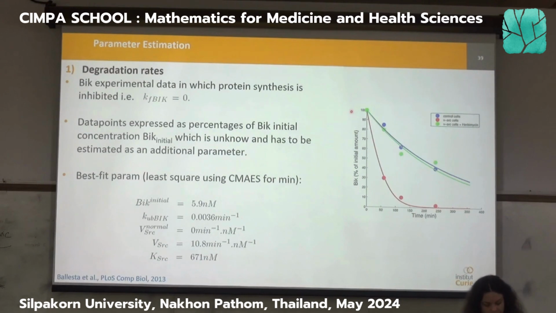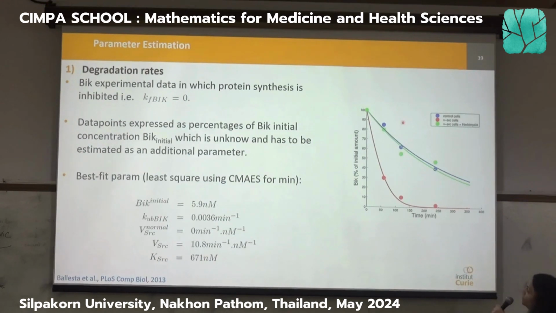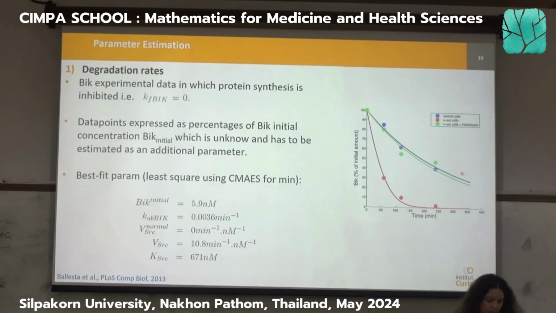We look at that in the normal cells, which is the blue color, in the cancer cells, which is the red color, and in the cancer cells which are exposed to SRC inhibitor, so they should go back to normal. And this is the green color.